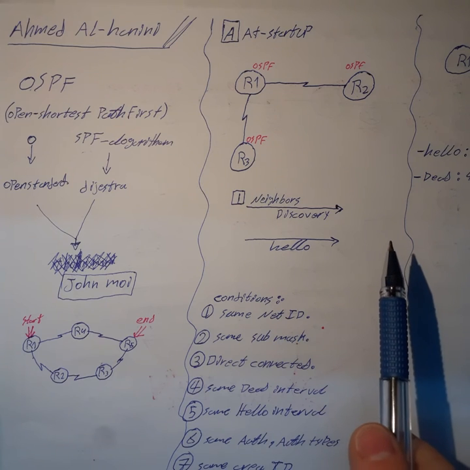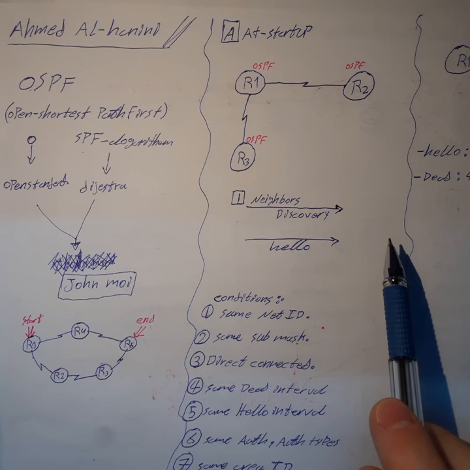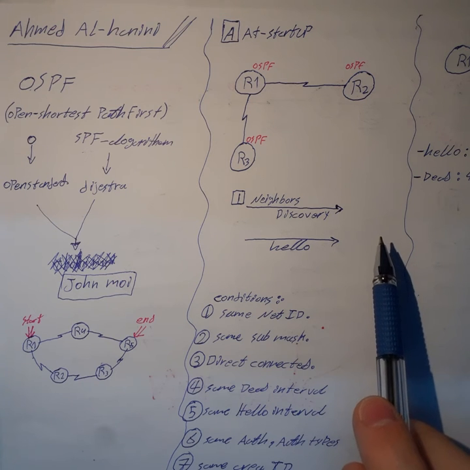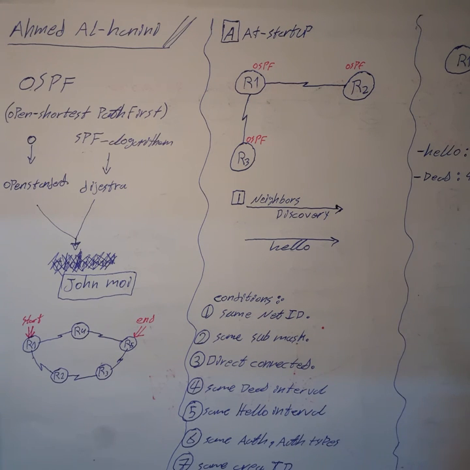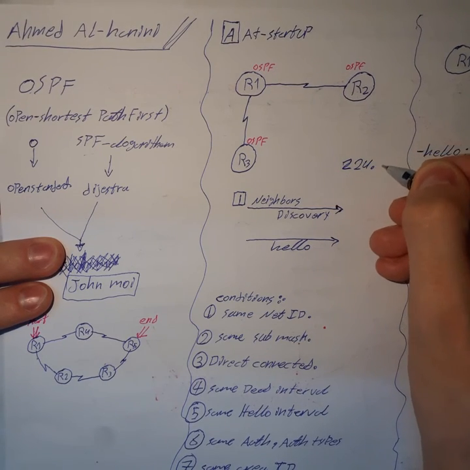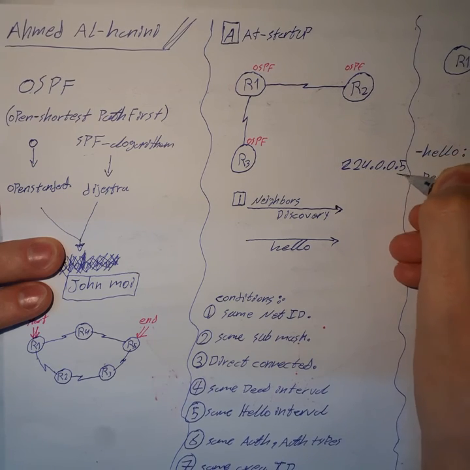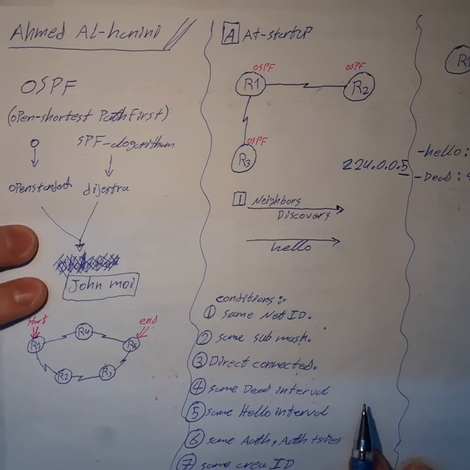This message will be sent as a multicast message on group 5. What we mean by group 5 is 224.0.0.5. That's group 5.